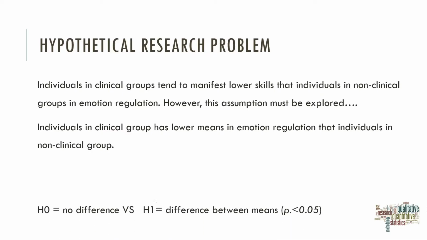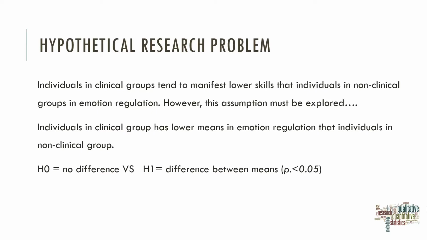Our null hypothesis is as usual no difference between these 2 means, and our H1 hypothesis is to have a difference between these means, and our p-value normally will be 0.05. So now let's go to SPSS.